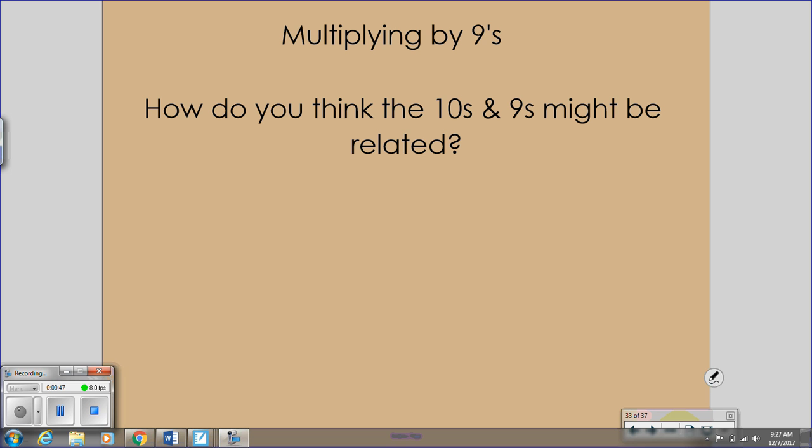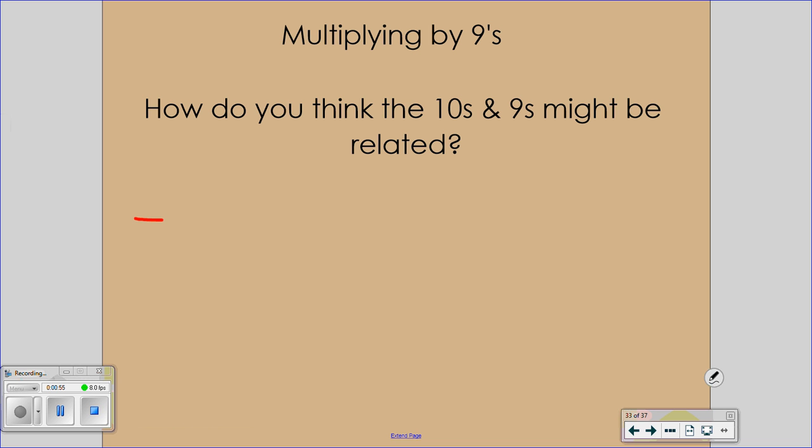I heard you guys talking to your neighbors. Aiden, what do you think? I thought they were related because it was one less. What is one less? 9 is one less than 10, and 10 is one more than 9. 9 plus 1 equals 10.